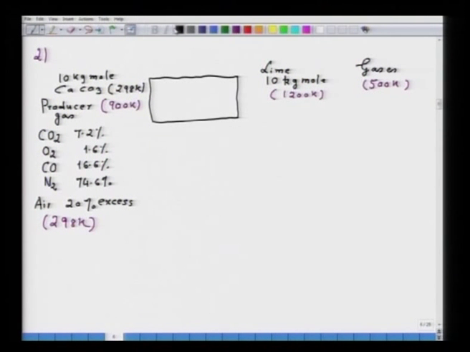Now, the gases would contain, as you can see in the problem, CO2. Since excess air is used, it will also contain excess oxygen, and since air is used, it will also contain nitrogen. So, in this situation, you have to find out the amount of producer gas.